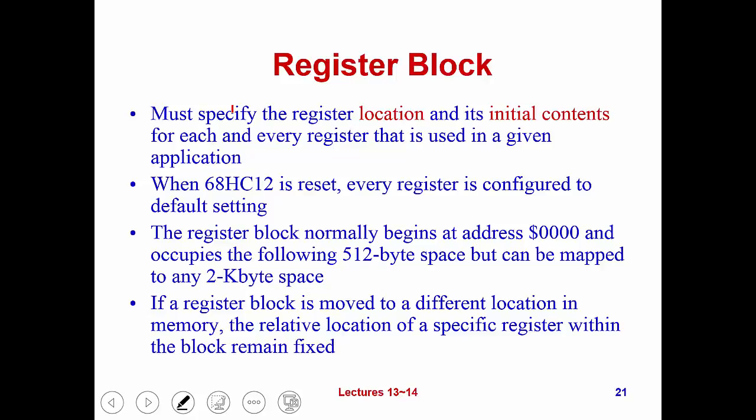I give you a little bit more explanation about what I just did. We must specify the register location here and its initial contents for each and every register that's used in a given application. That's what we just did, right? We specify the location for the ATD control register 2 is 0062.